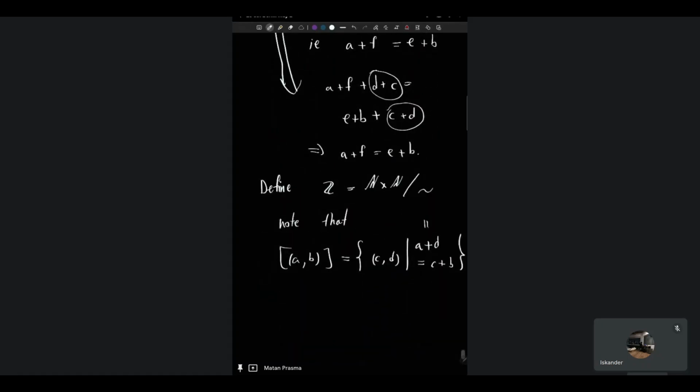Which is again the same as saying that A minus B is equal to C minus D. Okay, so in this way, I have defined a representation of the integers using only what I had previously defined as sets.